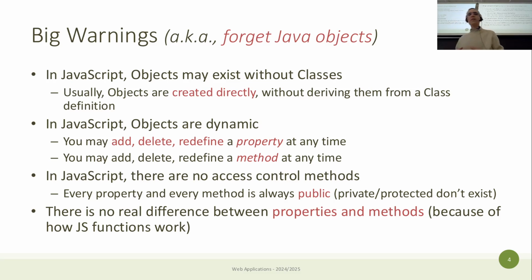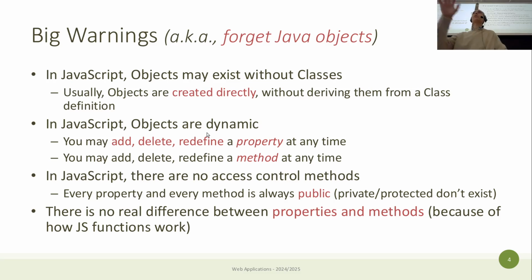Here, objects exist regardless of whether there is a definition of the object. You define it when you create it, and you create the instance and not the template, so the class. So typically objects are created directly. There's no class.